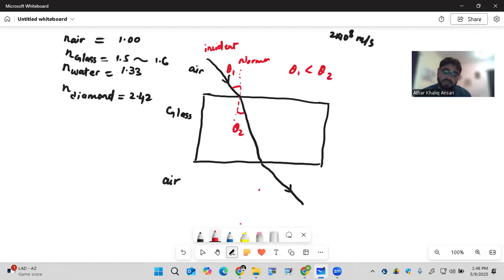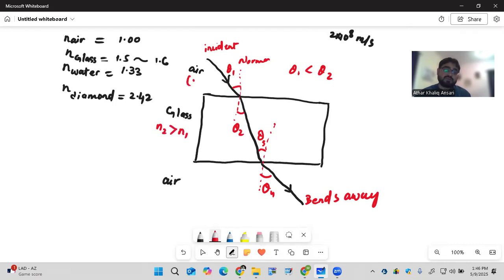But on the other hand, when the light ray enters from glass to air, theta 3 will be smaller than theta 4, so it will bend away. This refracted ray will bend away whenever it goes from a high refractive index medium, because glass has a refractive index greater than air.